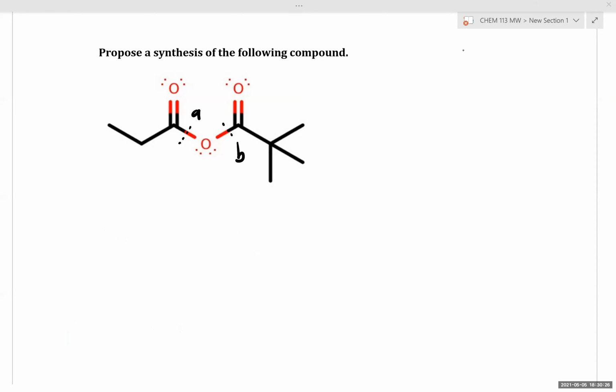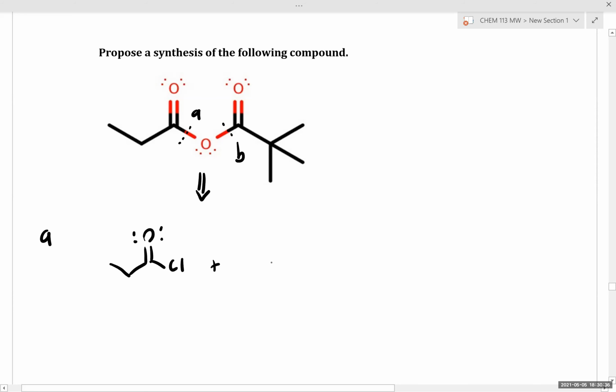Okay, so let's clear annotations and let's discuss this. So for route A, we're breaking bond A to give propionyl chloride and a carboxylate salt.